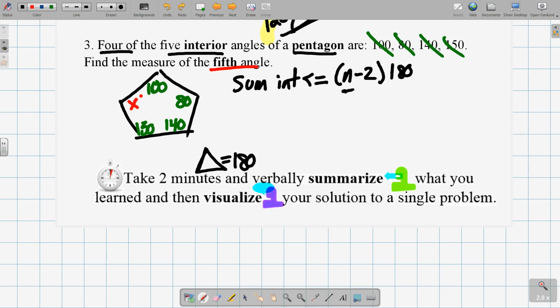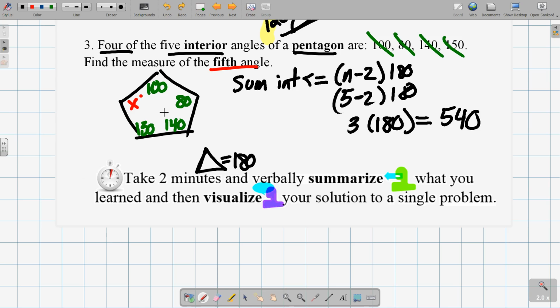So here, my n is 5. And I get 540. That means all of these angles must add up to 540.